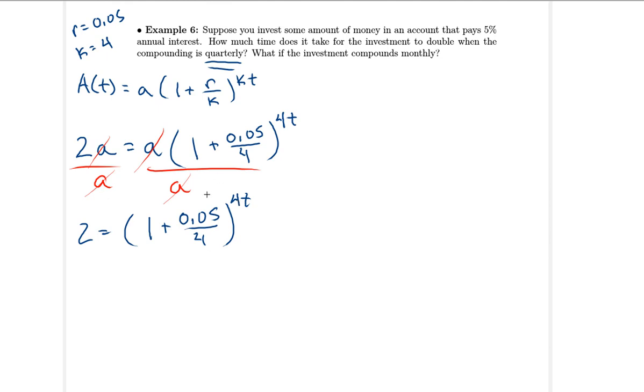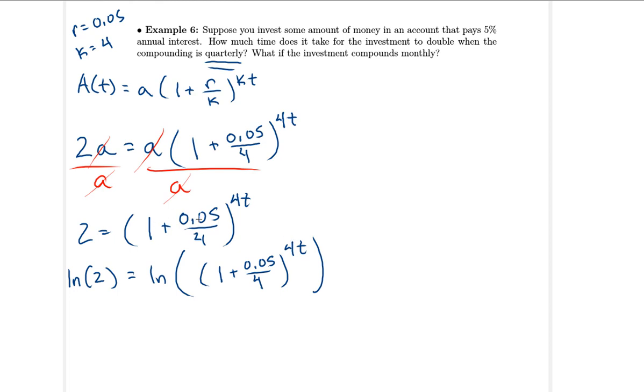Well, we have this exponential expression, so let's do what we've been doing. Let's take the log of both sides. If I take the log of the left and the log of the right, remember that our whole purpose in doing this is to get the variable out of the exponent.